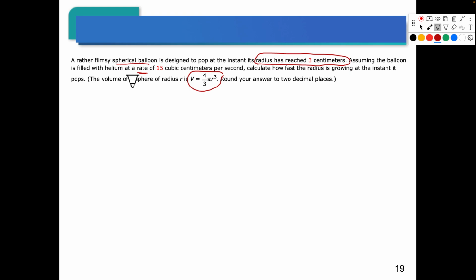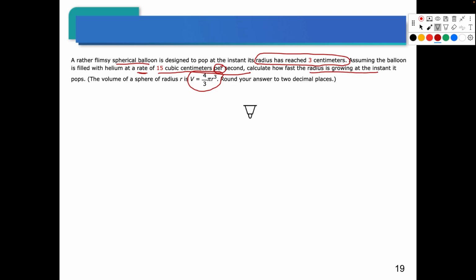A derivative, right? It's being filled with helium at 15 cubic centimeters per second. And again, we see this word per, so that indicates to us that's a rate, that's a derivative. And calculate how fast the radius is growing. So that's a derivative, that's the question, the instant it pops.